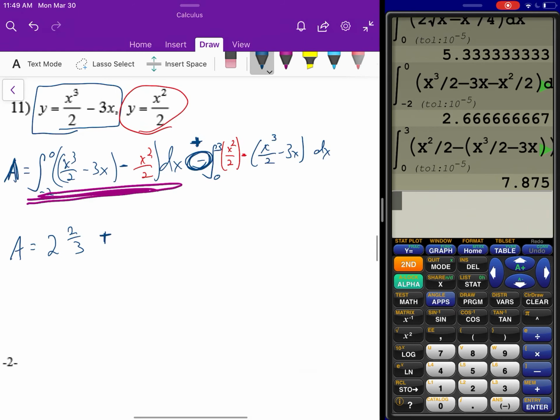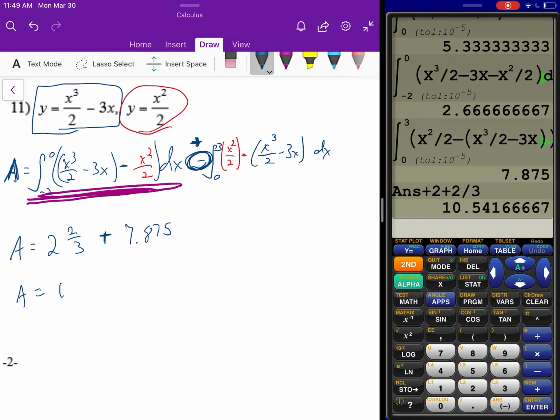Hit enter, that is 7.875. And so we're going to take those two things together. So plus 2 2/3, and we get 10.54 units squared. So that's a good question to finish with. It had a couple of intersections that we needed to deal with. So those are the types of questions you'll see on your test.